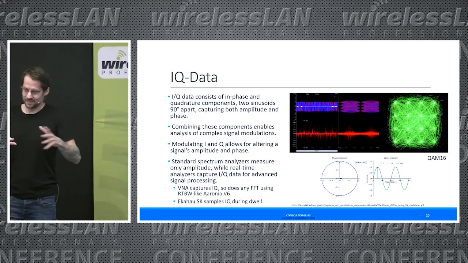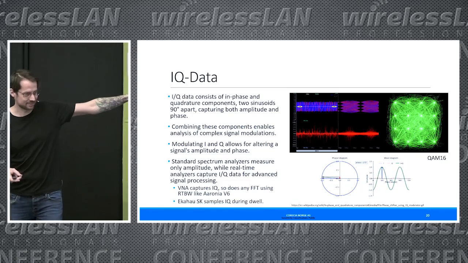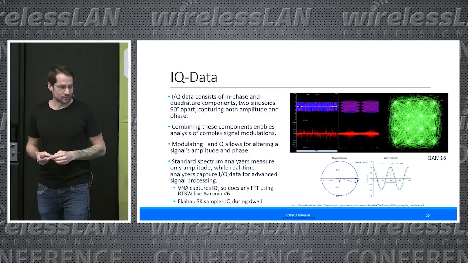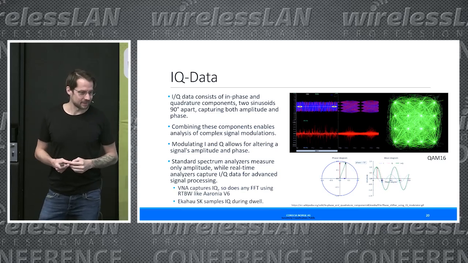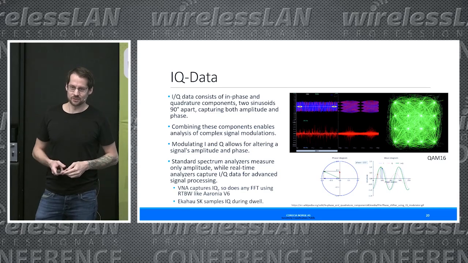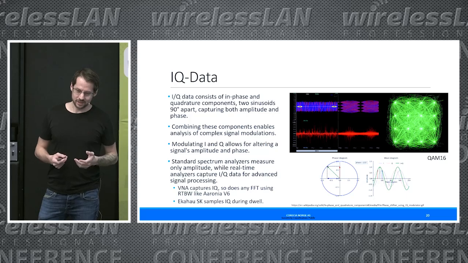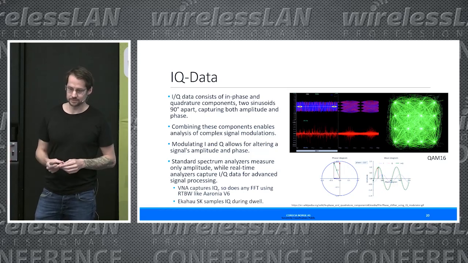IQ data is something we already know, but I compensated for what I said previously with this cool 16 QAM vector graph symbol here. How would your spectrum analyzer measure the amplitude of that one, right? It's really complex. The IQ data, remember, is the in-phase and quadrature signal, so it's 90 degrees apart, and we modulate the phase and amplitude of the signal to create really complex signals.